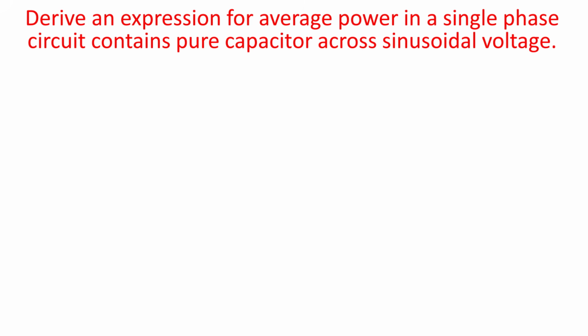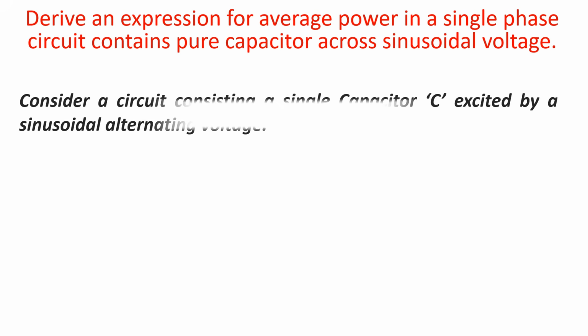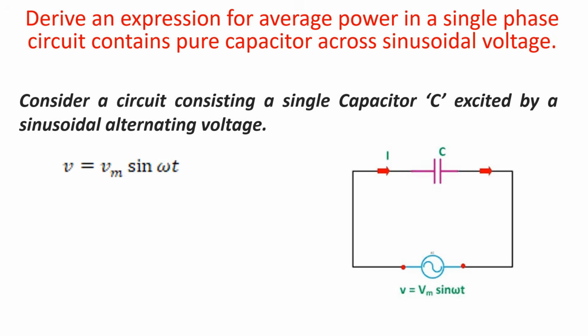Derive an expression for average power in a single phase circuit containing a pure capacitor across a sinusoidal voltage. Consider a circuit consisting of a single capacitor C excited by a sinusoidal alternating voltage V equals Vm sin omega t. The circuit is as shown in the figure.